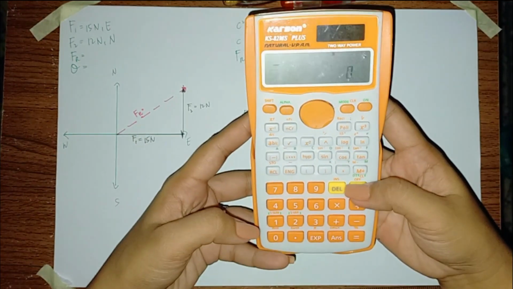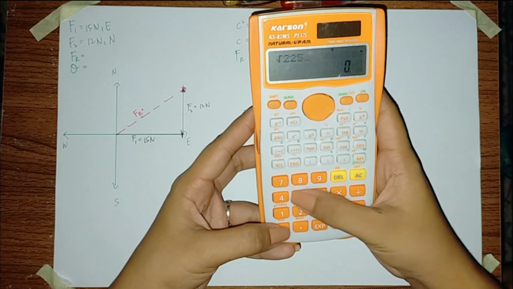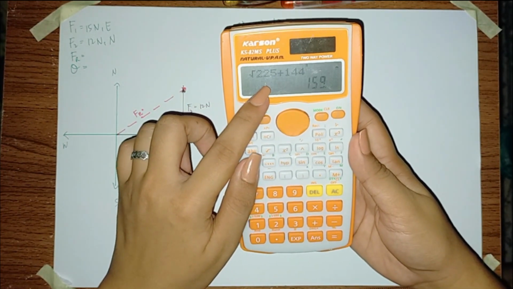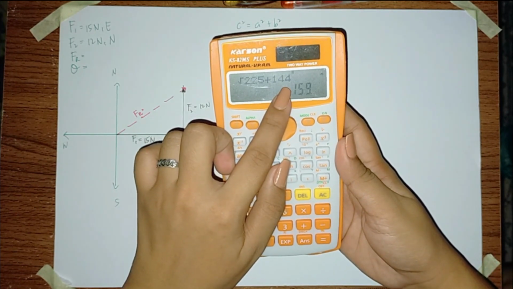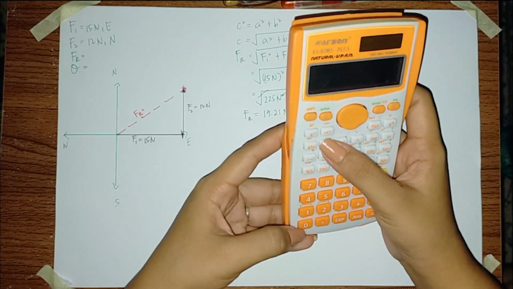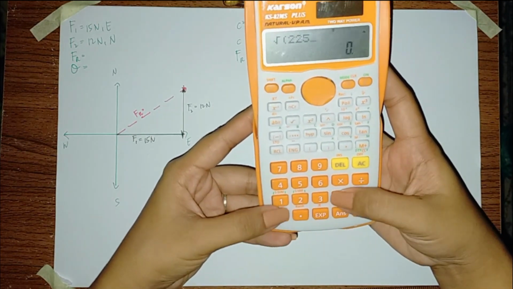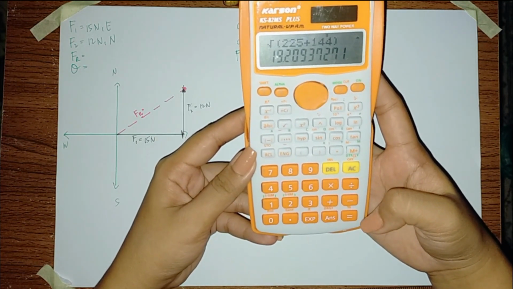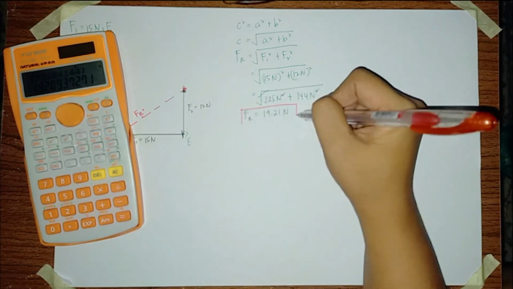Because if we do not put parentheses, we have here the square root of 225 plus 144. The tendency is that only 225 gets square rooted, and 144 does not. So, that's why we get 159. But when both are enclosed in parentheses, the calculator recognizes them as one quantity. So, that's for our resultant force.